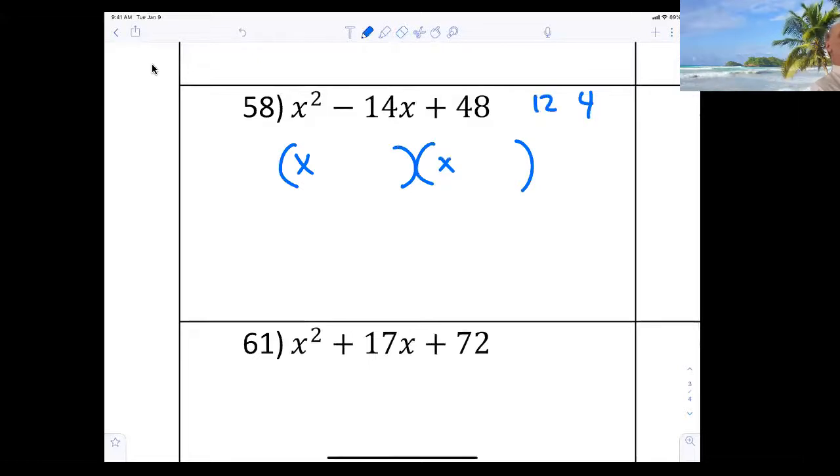No. What else? 6 and 8. True? Now, is that good? Because 6 plus 8 is what? There you have it. So now what?